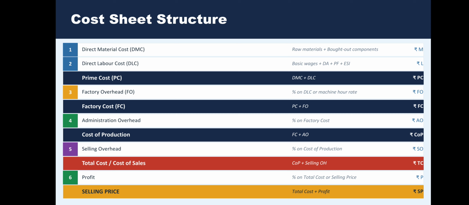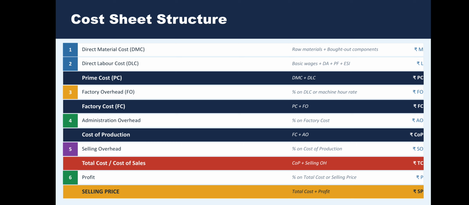So we can see that the direct material cost, DMC, can be found through raw materials plus bought out components. The second one is direct labor cost, DLC, which is equal to basic wages plus DA plus PF plus ESI.